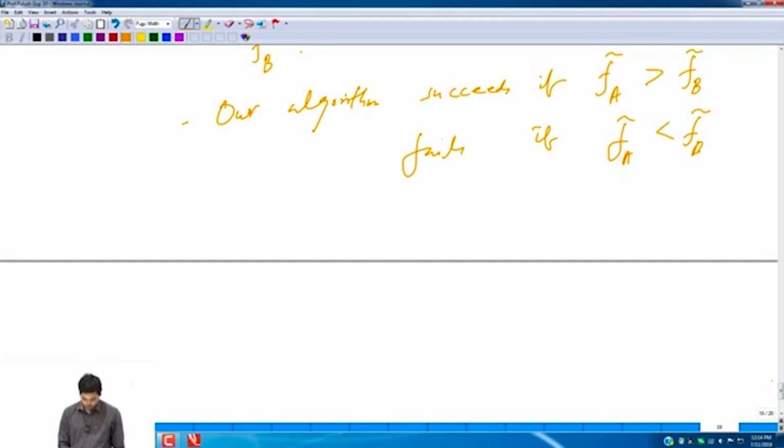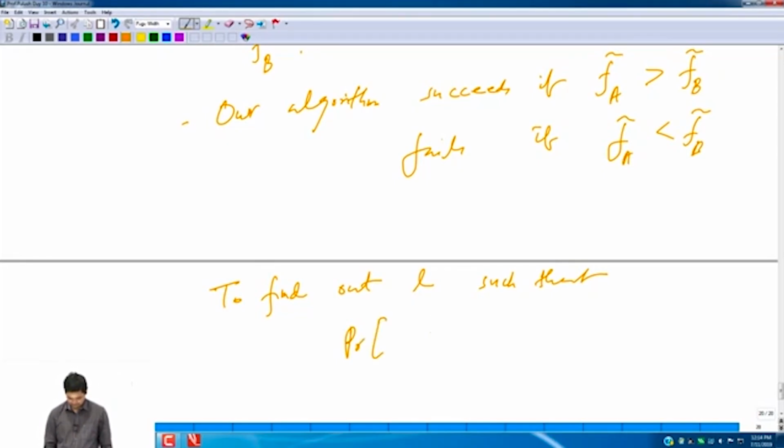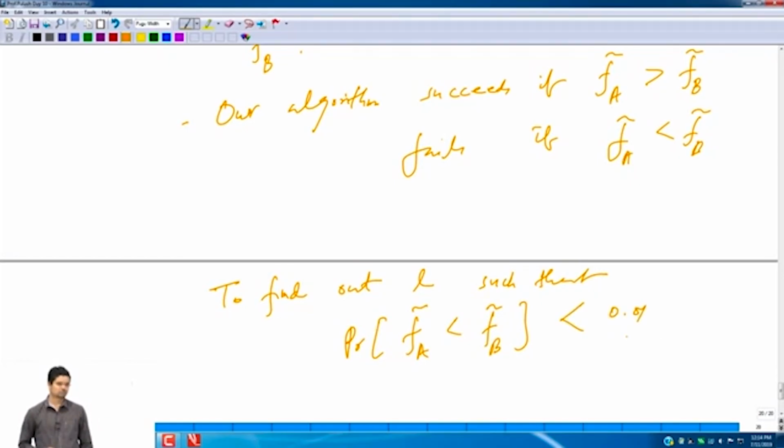So, what is our goal? Our goal is to find L such that the probability of failure is less than, say, 0.01. The failure probability is 1%; with 99% probability it succeeds.